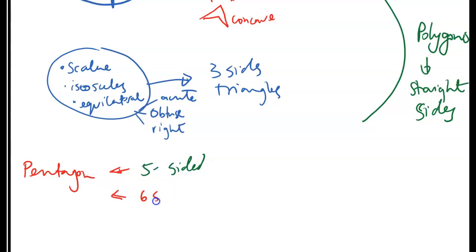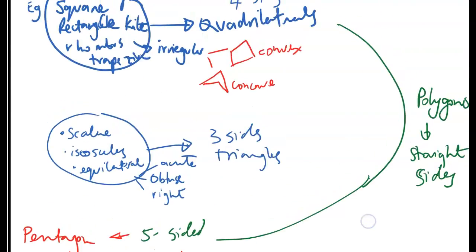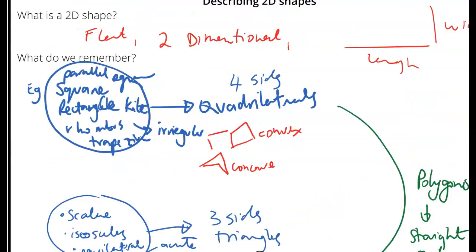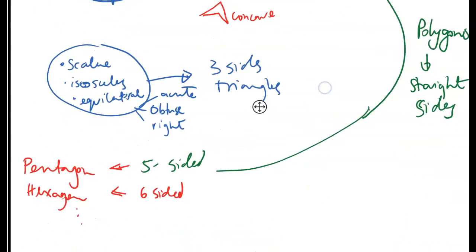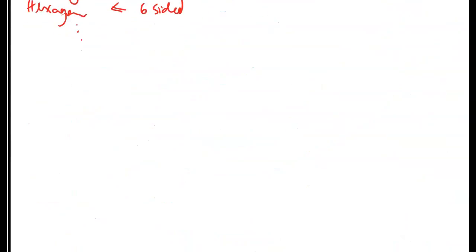And then if we go 6-sided, we've got what? Hexagon and so on. We could keep going on and on. But they are all polygons. So they are all shapes with straight sides, but not all 2D shapes have straight sides. Can you give me an example of a 2D shape that doesn't have a straight side? Circle, yeah. Sphere is 3D.